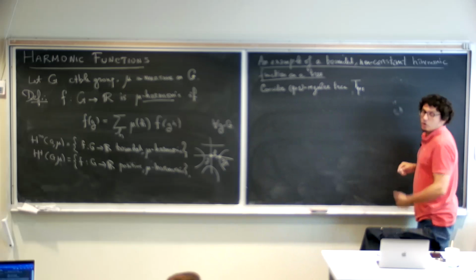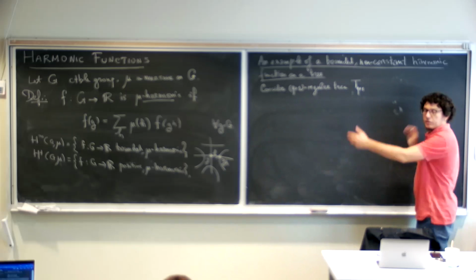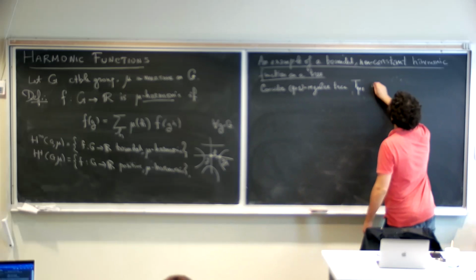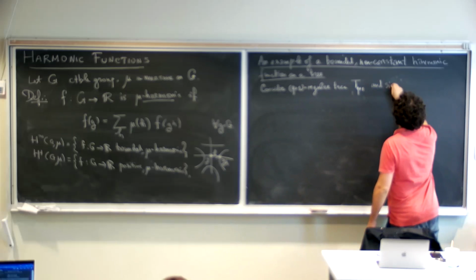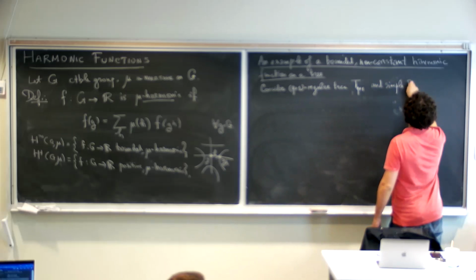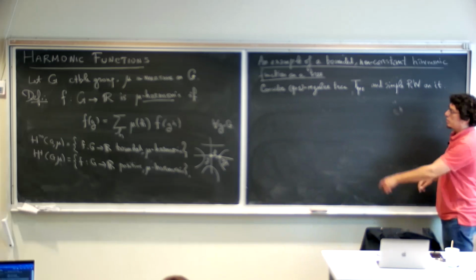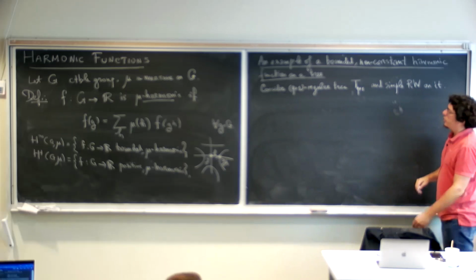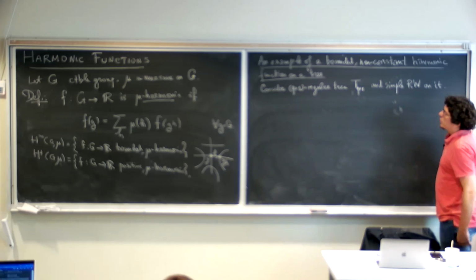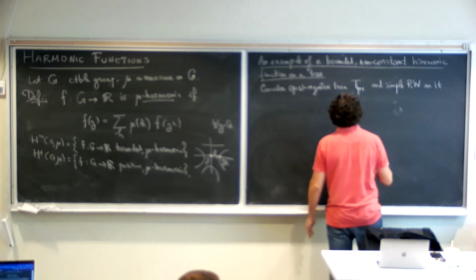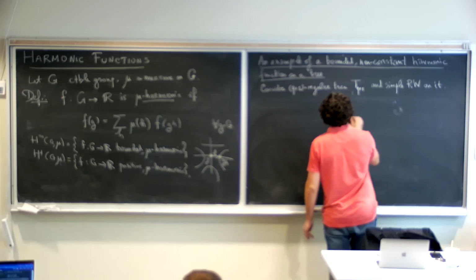So in our example, q will be 3. So we just get it for a regular tree. And the simple random walk on it, meaning that you're taking the walk which is uniform on its neighbors. So we just take the measure which is uniform on the neighbors.